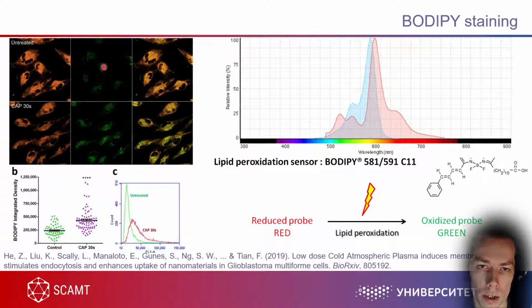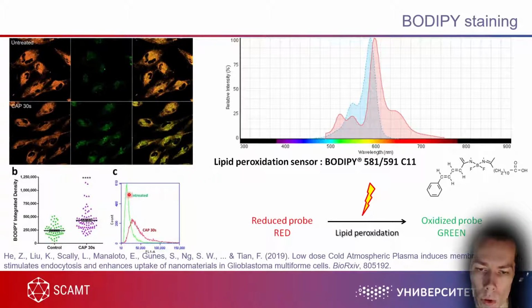Here is untreated, here is treated. As you can see in the middle pictures, these are lipids which undergo peroxidation. And on the merged image you can see some difference. So just for you to know, yes, it's an option to stain peroxidized lipids in your cells.